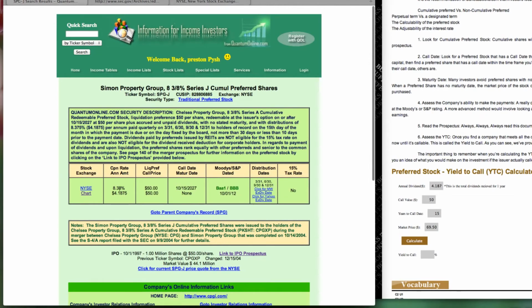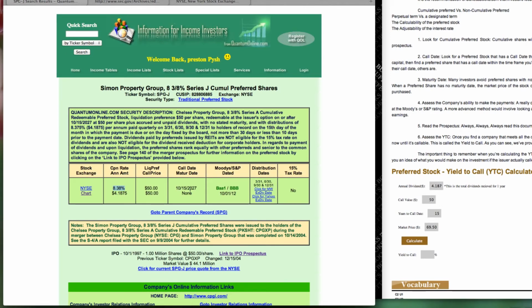Okay, so when it says the coupon rate is 8.38%, that doesn't mean that you're going to get 8.38%. That just means that if you could buy it at the original price that they issued it at, which was $50, you would get that 8.38% until the preferred share would be called, or you just continue to receive that forever since it has no maturity date.